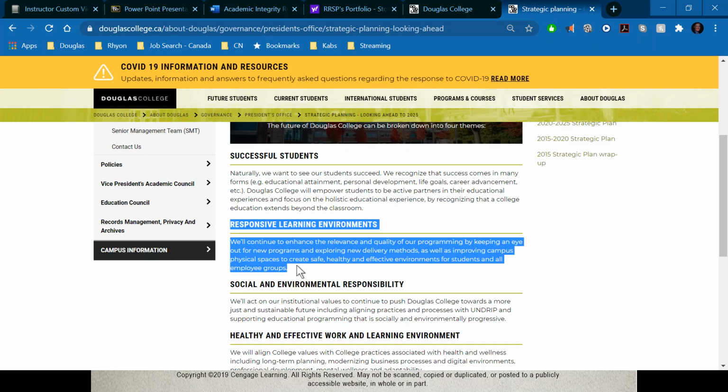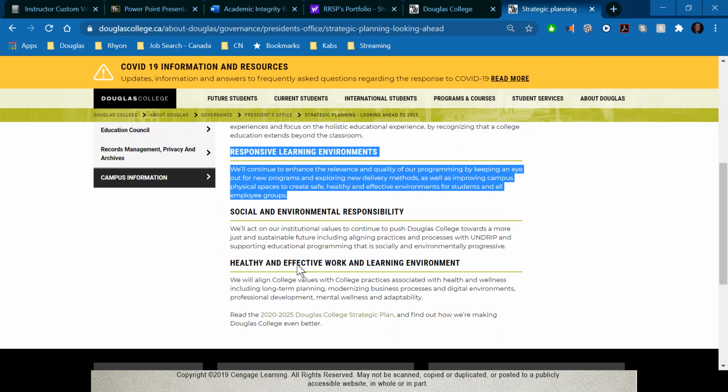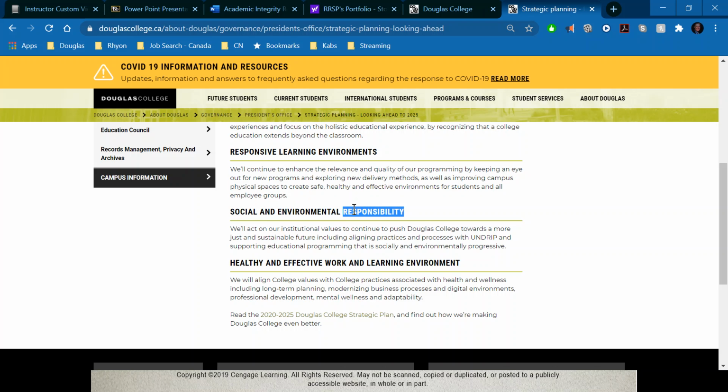That's where they're going. Now, to enhance that, you want to say, well, would a new learning management system help the social and environmental responsibilities for your community and the environment? Without getting into the social aspect much, for the environment you could sell them on the aspect that right now there's so much online learning.